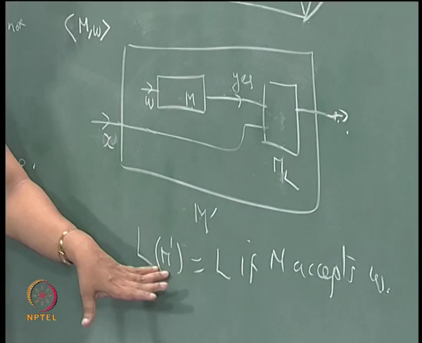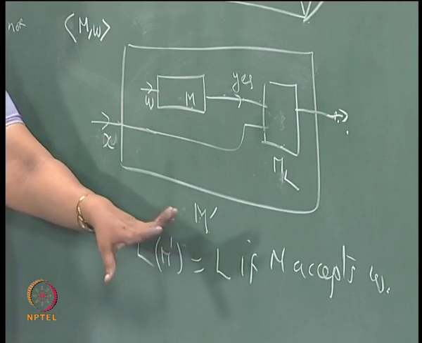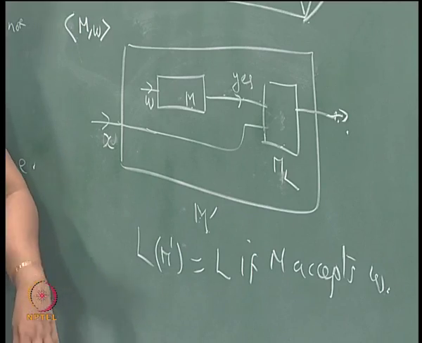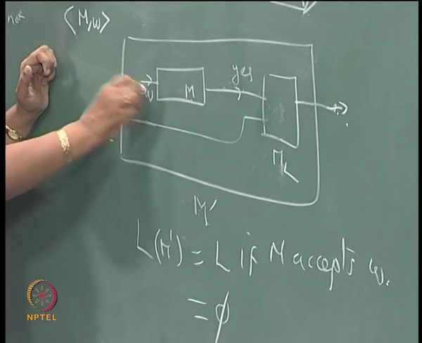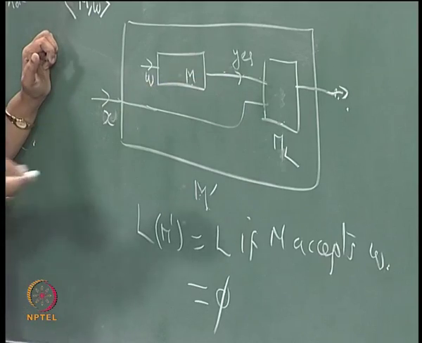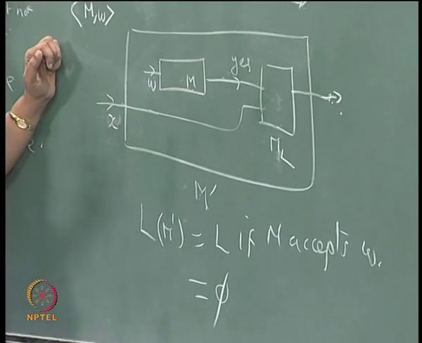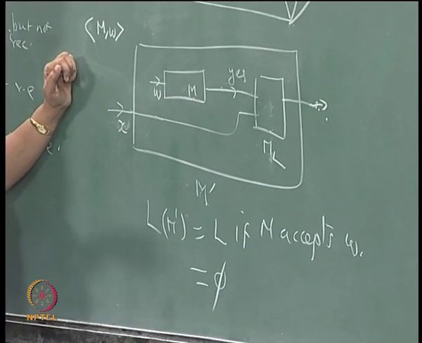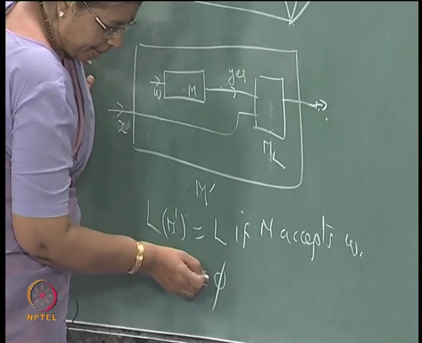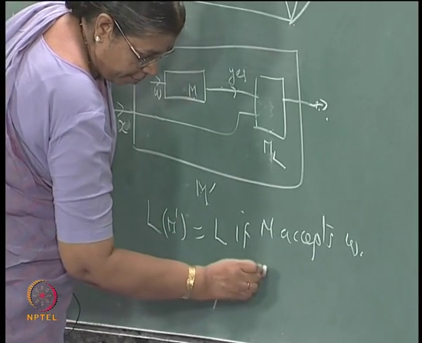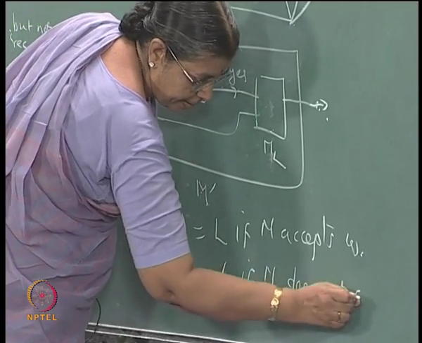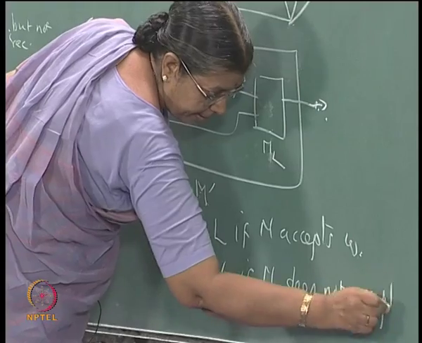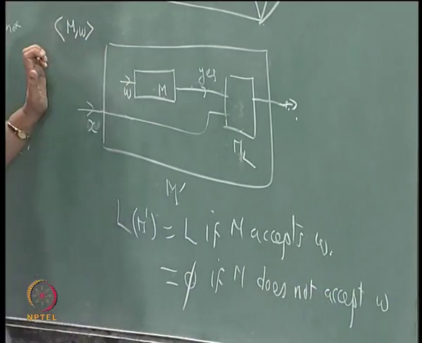So, L of M dash is L if M accepts w. L of M dash is empty if M does not accept w, because this will never get started, so the language accepted will be empty.